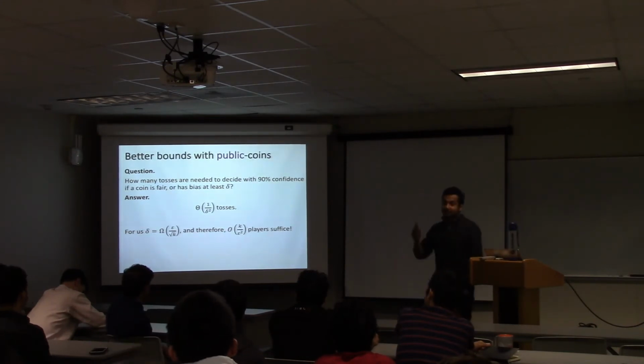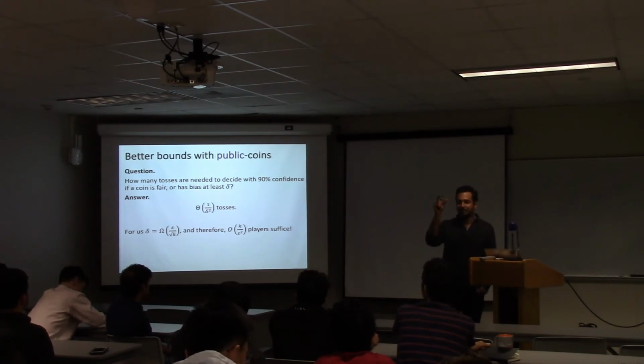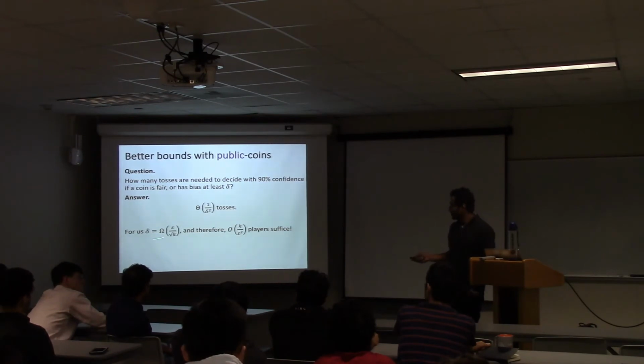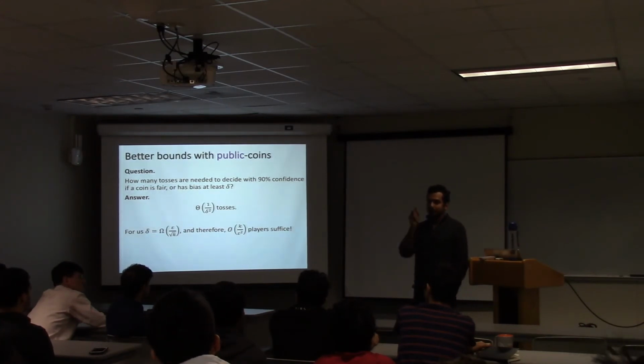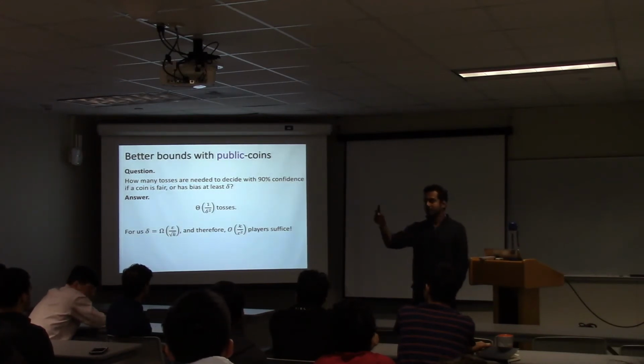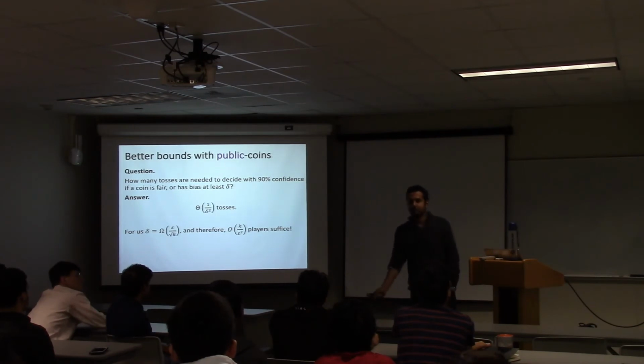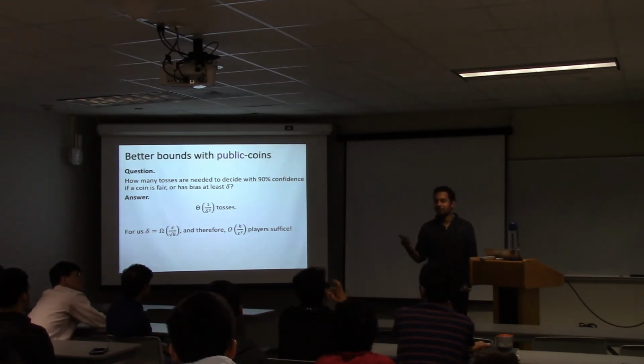Once that happens, now we can distinguish between the distribution being uniform, which corresponds to the message being fair, and the other case with 1 over delta squared, which will be k over epsilon squared. Okay, so with single bit public coins, k over epsilon squared players suffice, which is better than k to the 3 over 2 over epsilon squared when you did not have public randomness.